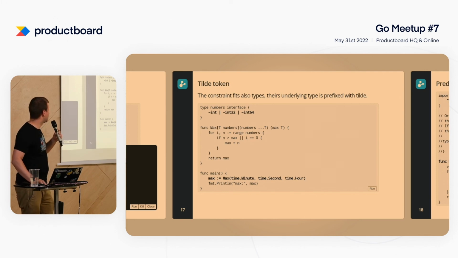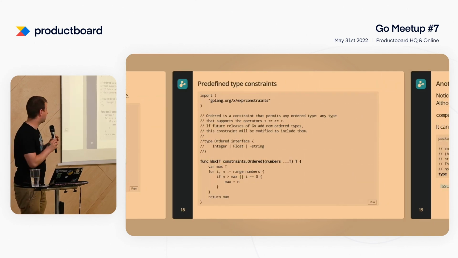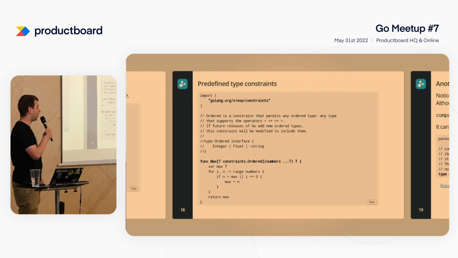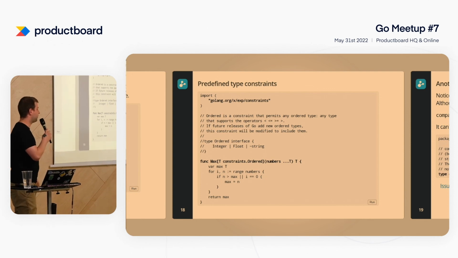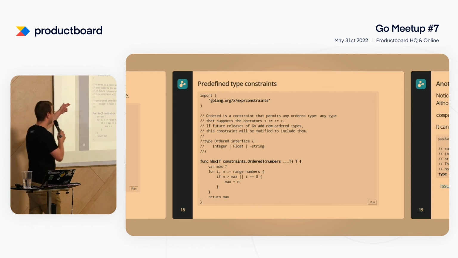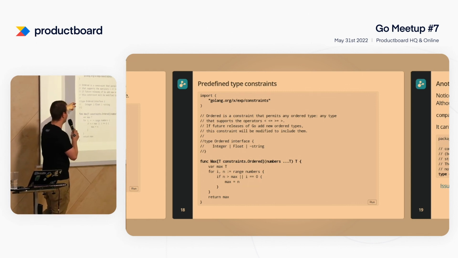And of course it can be annoying to list all the types in that interface. We have this package. For now, it's an experimental package, but it does some dirty work for us and lists types. For example, here the Ordered interface is everything that can be ordered. Here is the documentation for that interface.